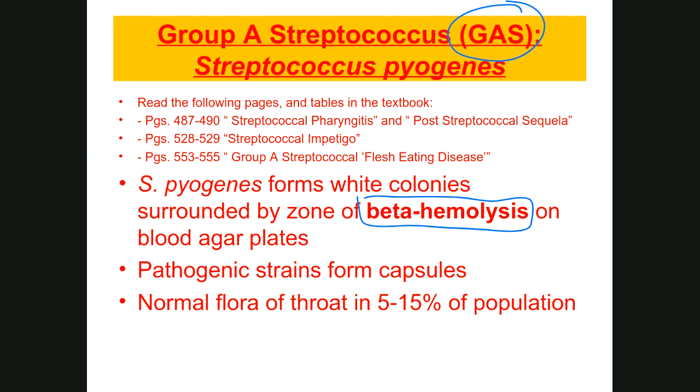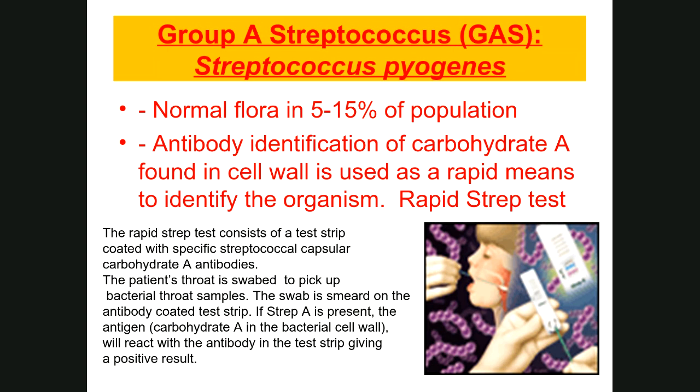Most of the pathogenic strains, which appears to be pretty much most of the strains, have capsules. It is normal flora, and we find it in the population at a rate of 5 to 15% of the population carrying the organism. Part of the reason why the number is so low nowadays is because we have been trying to eradicate the organism. It is a pretty bad pathogenic organism with lots of virulence factors.